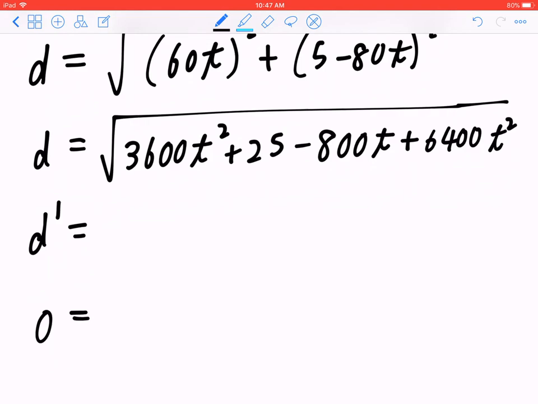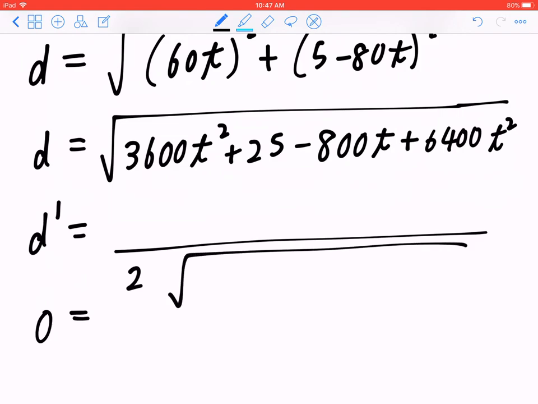So don't forget the basic rules. When you take the derivative of a square root, you bring the half to the front. But the half means the 2 goes at the bottom. You copy it to the power of negative half, which becomes positive half at the bottom. And again, notice you can collect like terms.